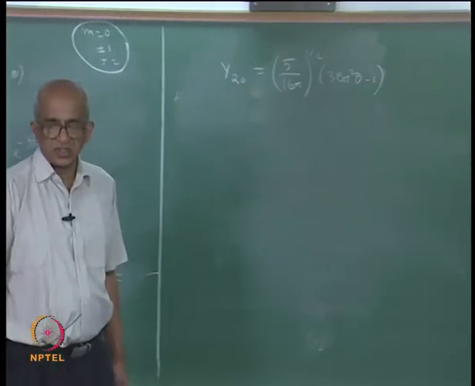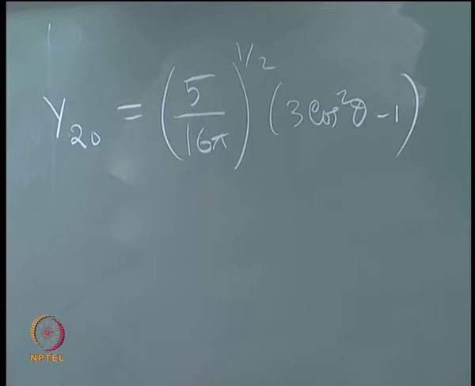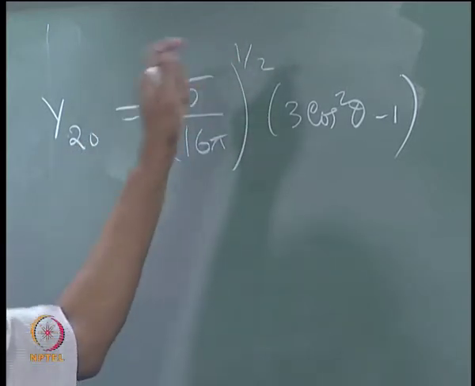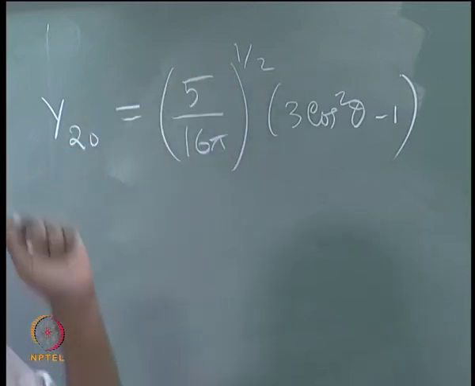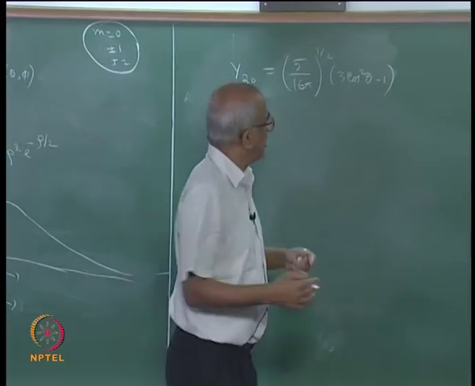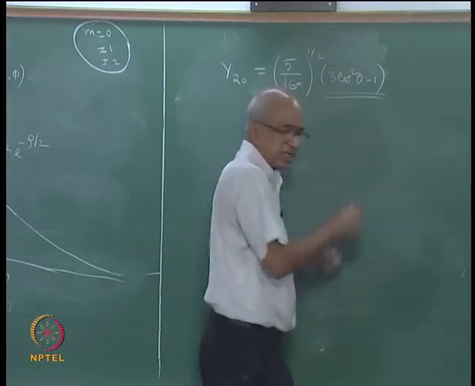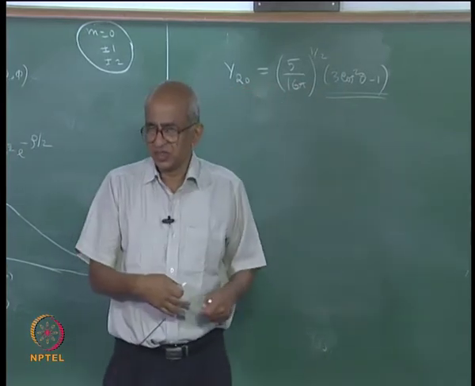So, this is the function, and the function has this constant. I am not going to worry about that constant. I will just consider only this part, and I shall make a polar plot of this function.